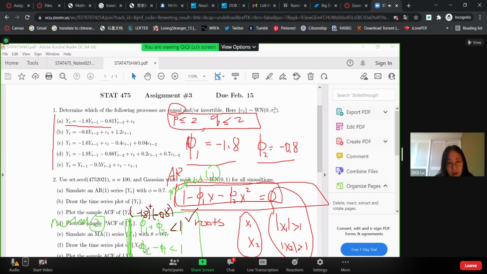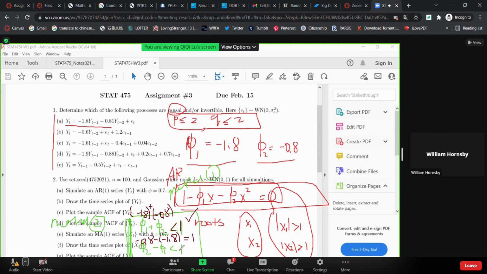Second one, phi2 is negative 0.8, and minus phi1, negative 1.8. Well, this equals 1, right? So 1 is not less than 1. So this one is not satisfied.